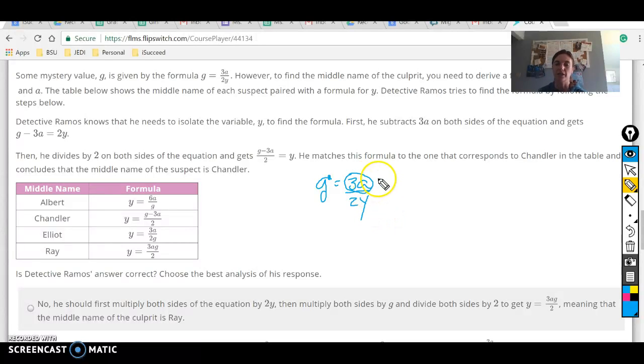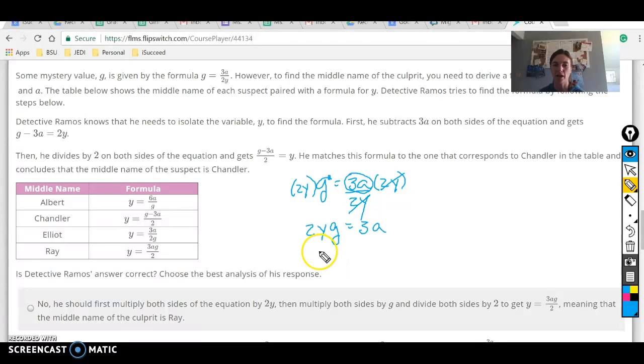The thing that we need to do is to get that y up into the numerator. So we're going to multiply both sides by 2y. And when we do that, it cancels out on the left, and we have 2y g equals 3a.